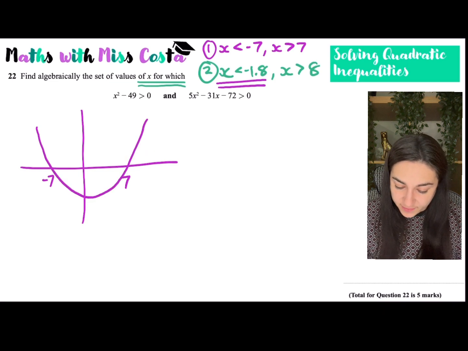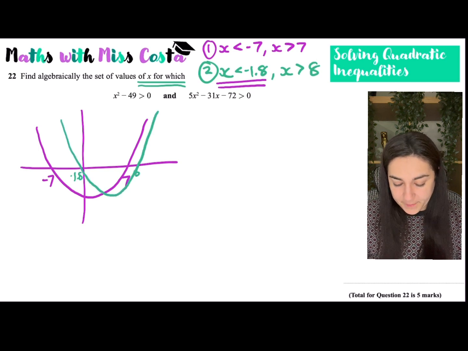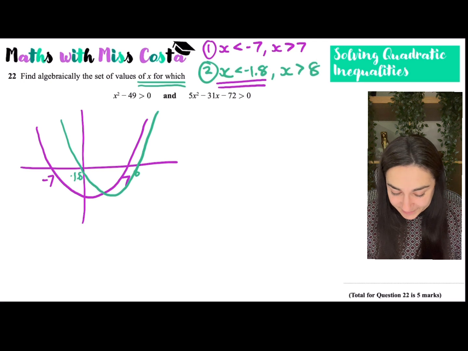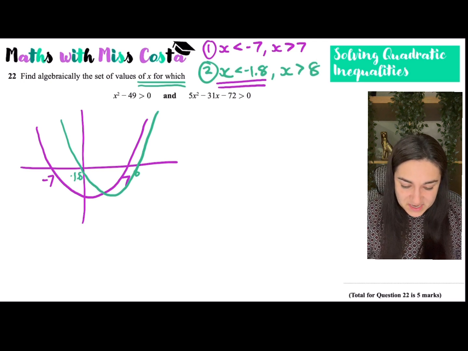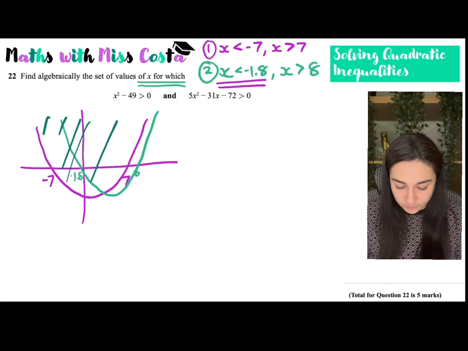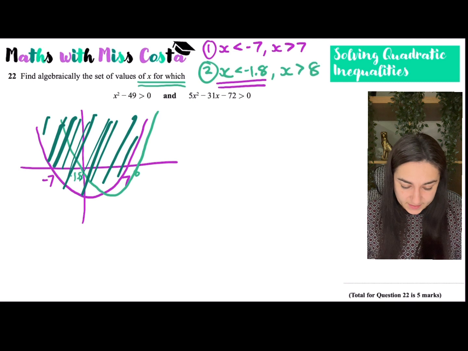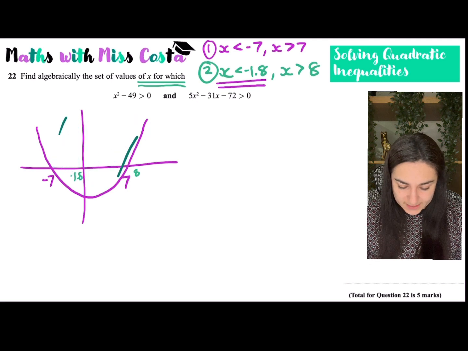And then for the other one, I've got minus 1.8 and 8. Okay. And for these inequalities to be satisfied, it needs to satisfy both of them. So therefore, nothing in this region here works. Okay. So let's just get rid of all of that. Oh no, I got rid of the graph too.